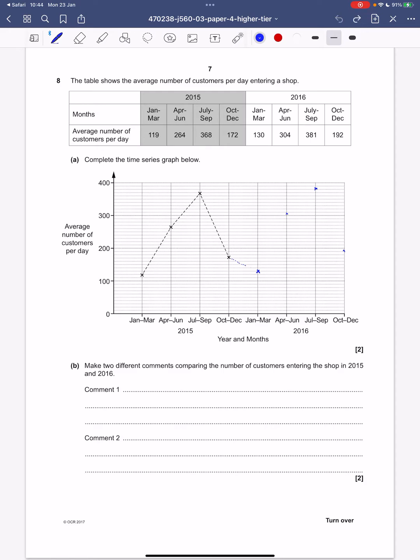I'd be tempted to dot it and use a ruler, but because I haven't got that, I'm going to use a line like this. Try to make them as neat as you can. I would prefer to use a dotted line.